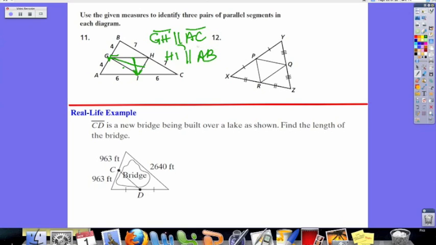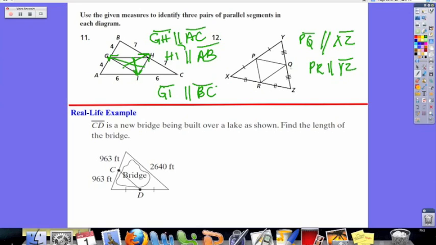GI is parallel to the one across, which is BC. Same thing here. PQ is parallel to XZ. PR is parallel to YZ. And then QR is parallel to XY.